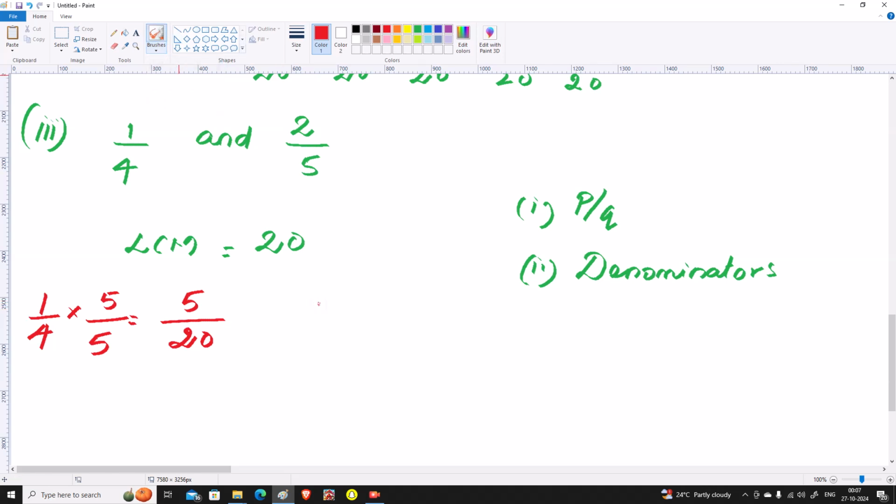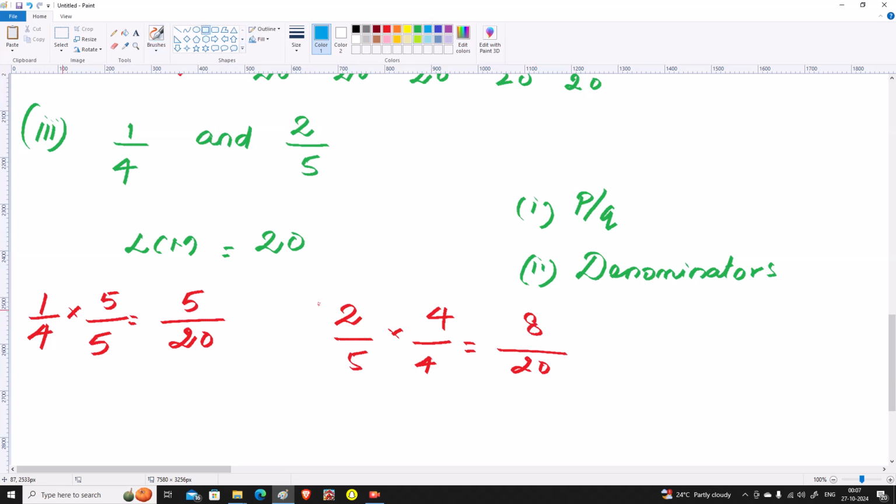The ending number is 2 by 5, but my LCM is 20. How many 5s are 20? 4 fives are 20.